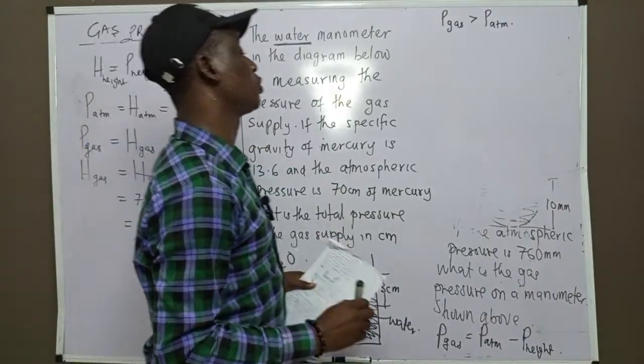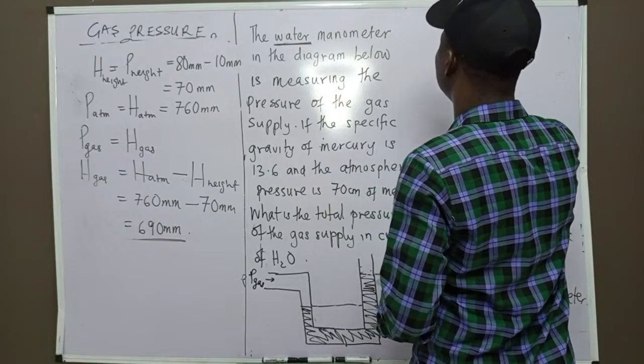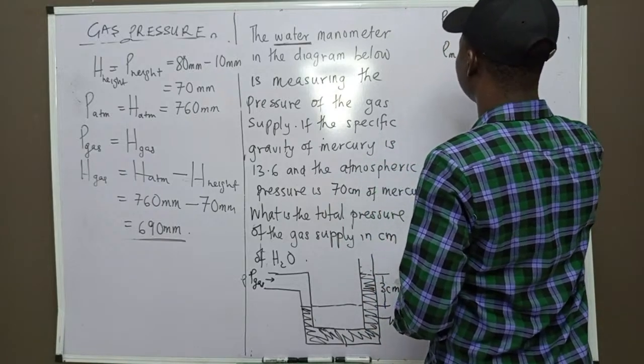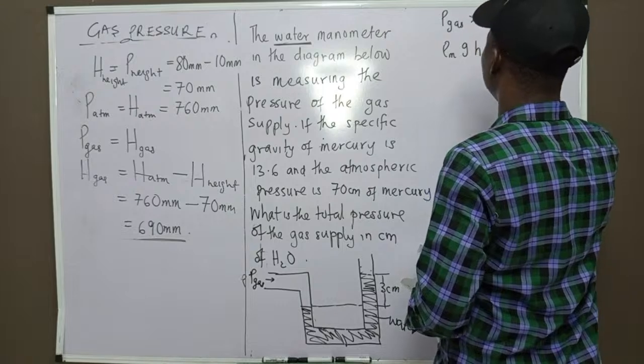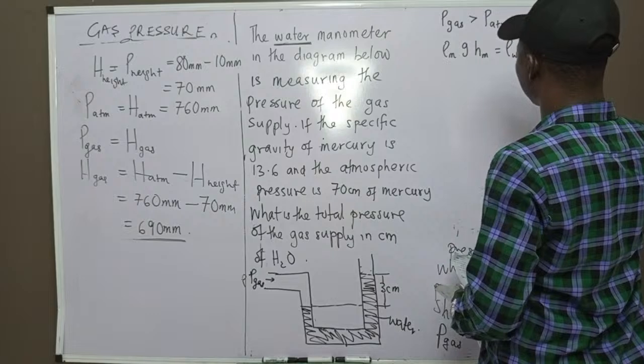Now, the conversion mode, you use the formula: density of mercury times gravity times height of mercury is equal to density of water times gravity times height of water.